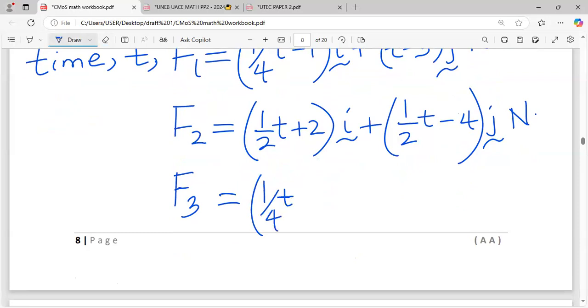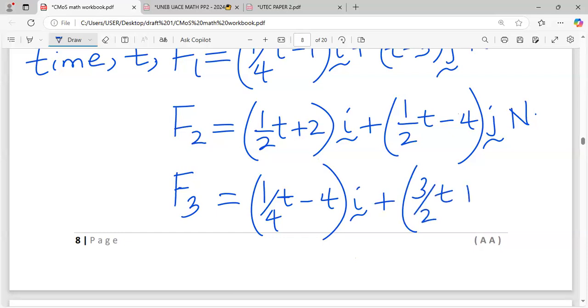A quarter t minus 1 i plus 3/2 t plus 1 j. It is a force, so we must have newtons.